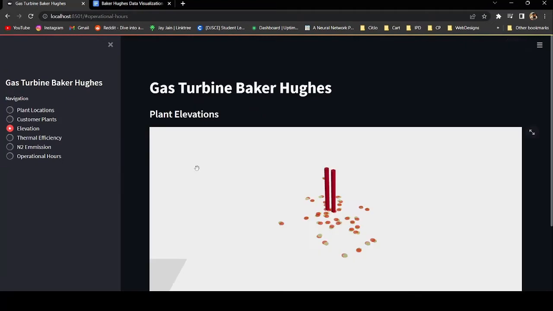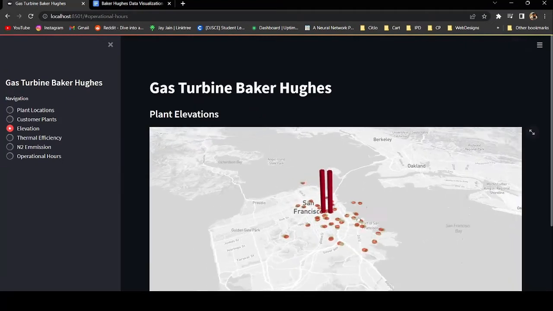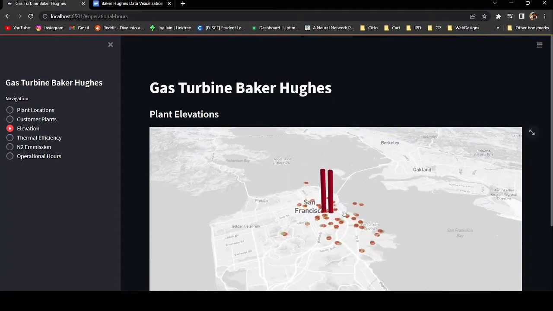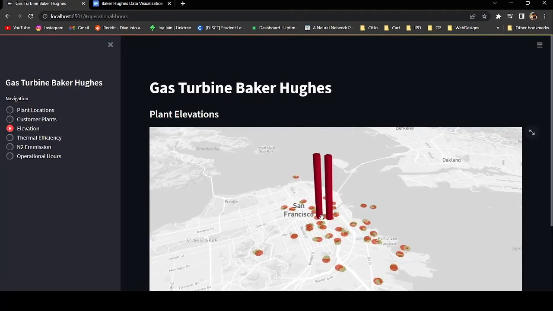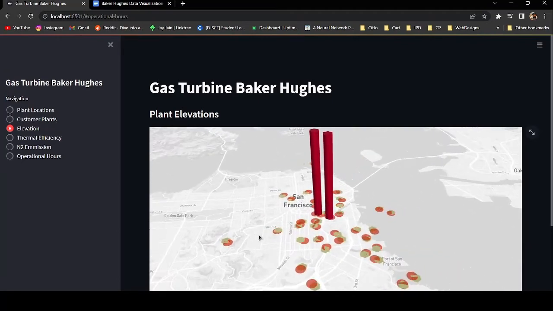This was quite a unique value as well as the chart we went for. How elevation affects a plant site's efficiency is something like this: as the elevation of a plant site increases, the air density around it decreases. Hence, this forces the compressors to consume more power.